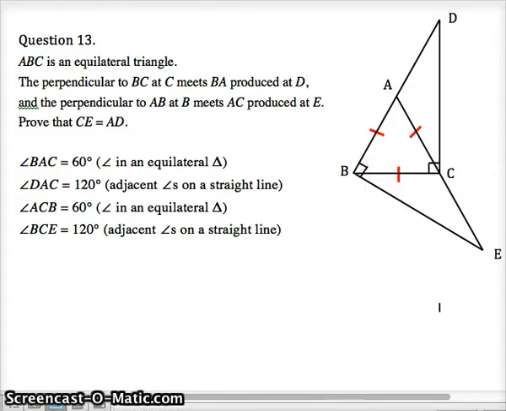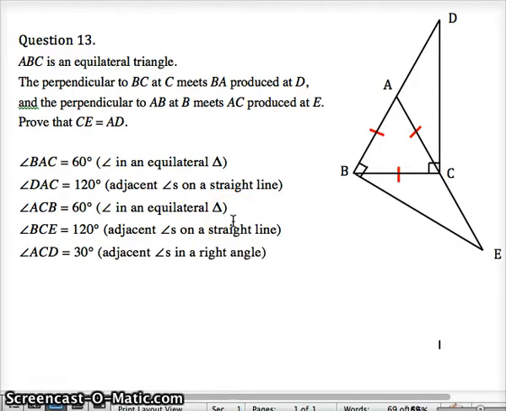So we'll write this down as well. The first thing, angle ACD is 30 degrees. And the reason for that is that these two angles are adjacent angles in a right angle.